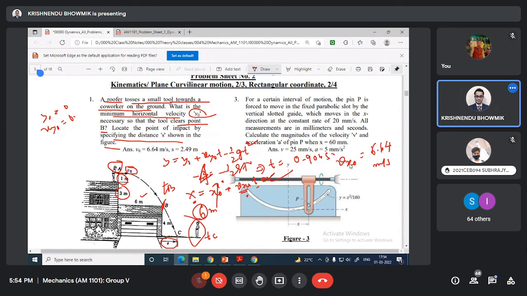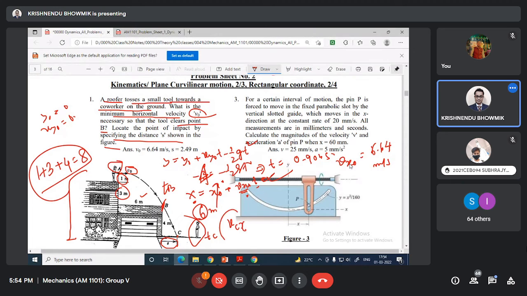Once you know this v0 value, you can do a different way also. Further, you can use the same formula up to this 1 plus 3 plus 4 equal to 8. You put y equal to -8 to get this vcx.